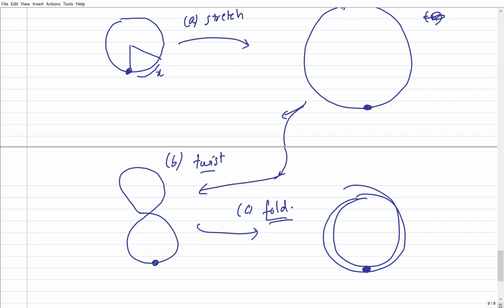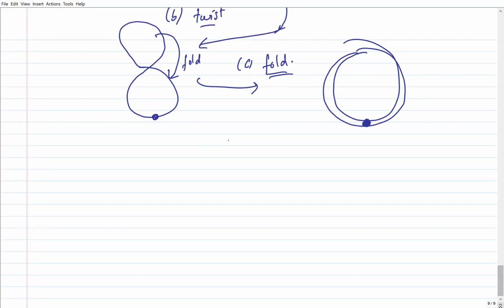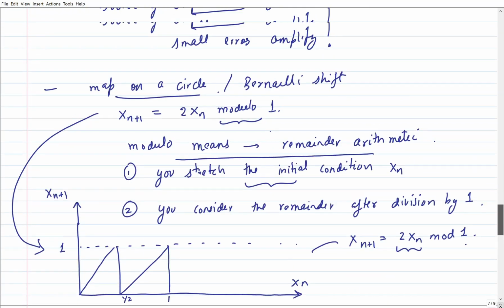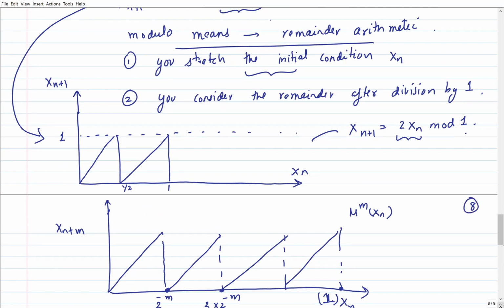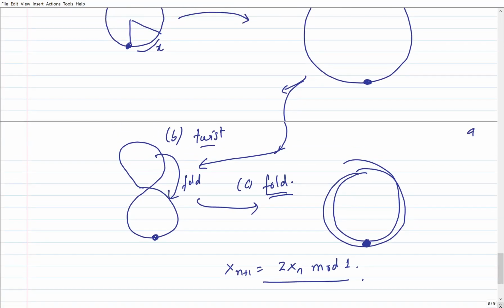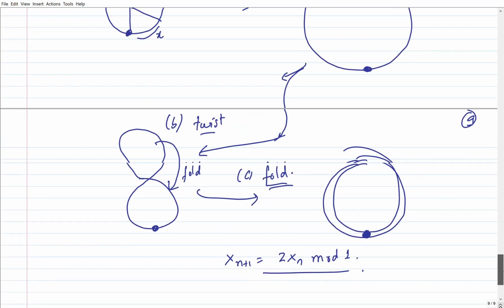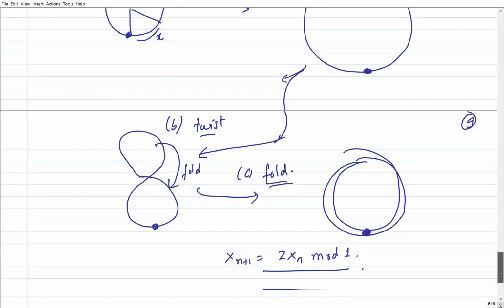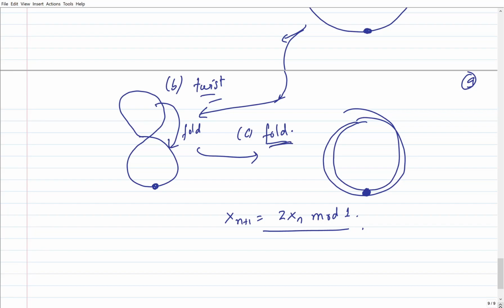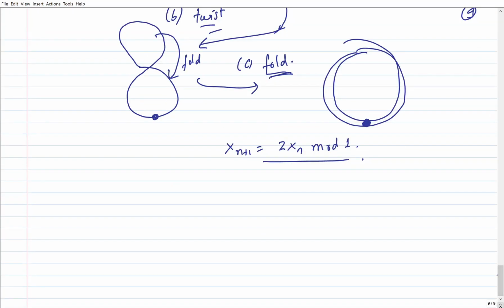So this operation of stretching the map to twice the size, twisting it in the shape of an 8, and then folding the top half onto the bottom half again is what's happening. That captures schematically what's happening to the map: stretching, twisting, and folding back again.